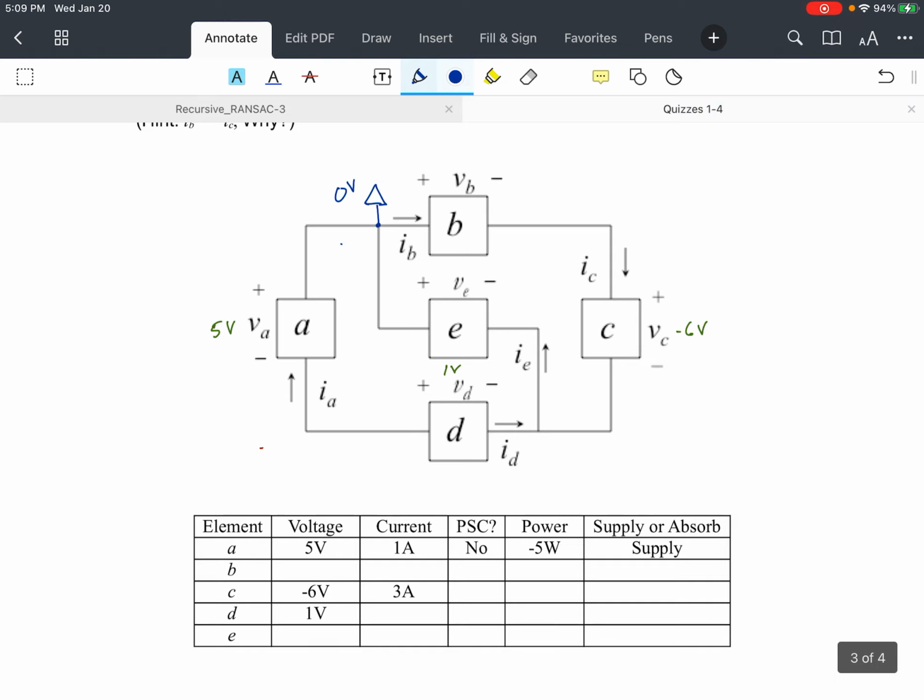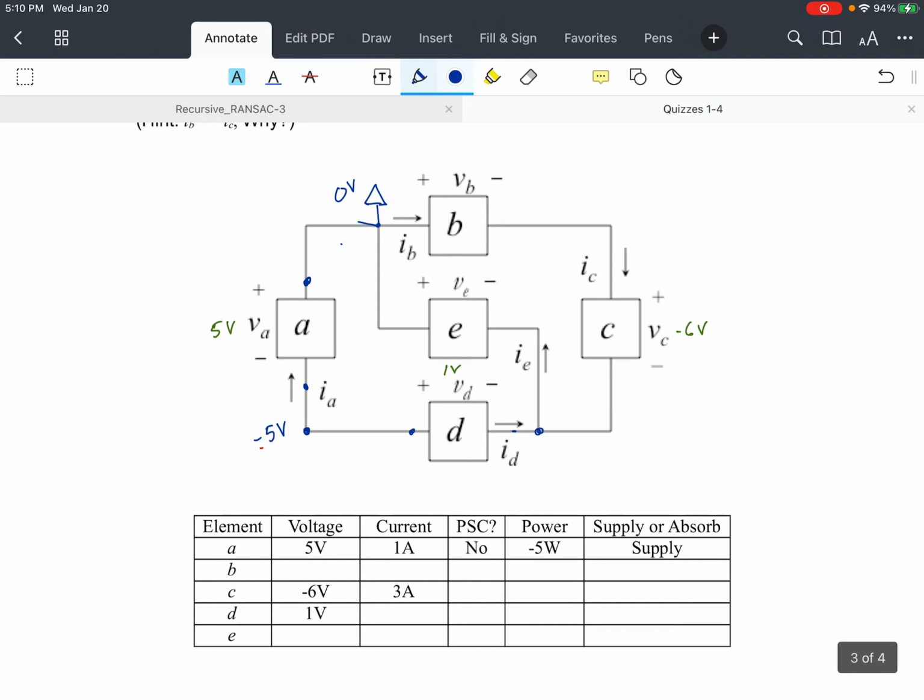Again, that's an arbitrary label, but we do know that this point here is 5 volts bigger than that point. So if this is 5 volts higher than that, and this point here is 0 volts because it's the same branch here, then the voltage at this node here needs to be minus 5 volts. Okay, now if that's minus 5, we know that this point is 1 volt higher than that.